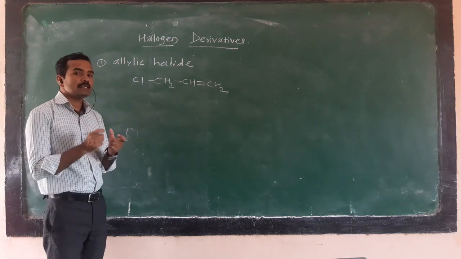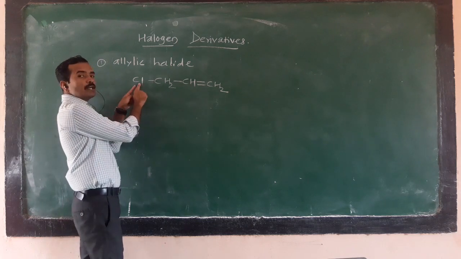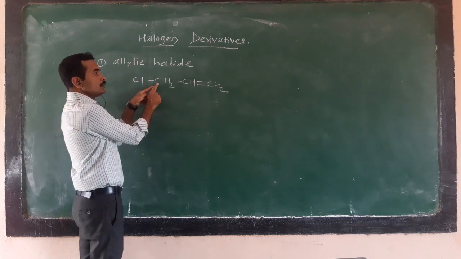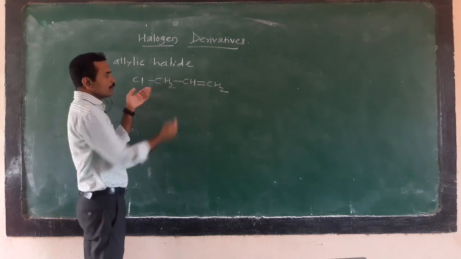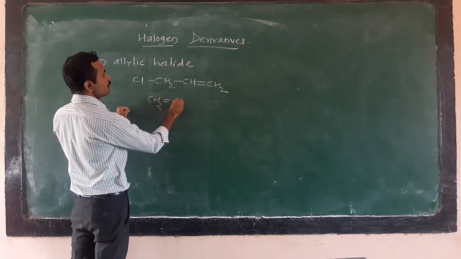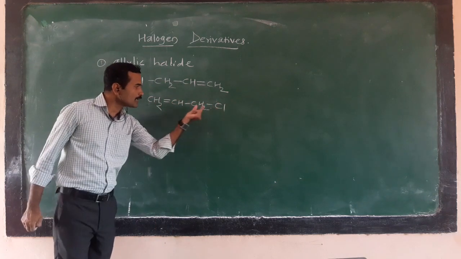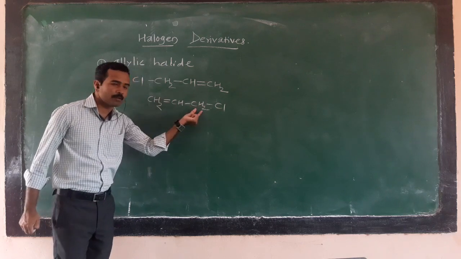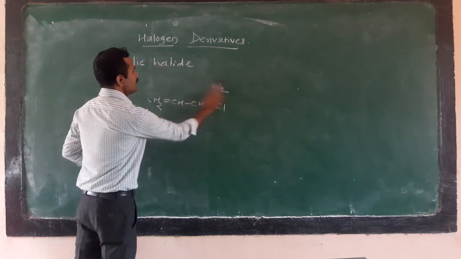What exactly is present in allylic halide? The halogen atom is attached to the carbon which is next to the double bond. In a similar way we also write CH2=CH-CH2Cl. The halogen atom is attached to this carbon which is next to the double bond. So that's why this is the example of allylic halide.